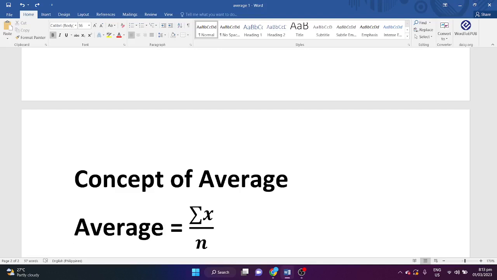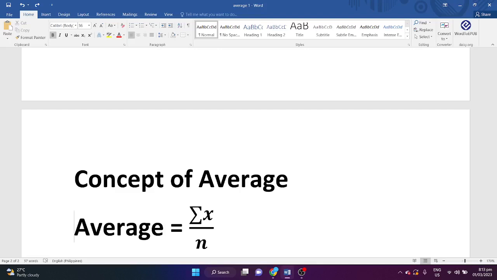Okay, so given the problem that we have, we can actually fill in some pieces of information in our formula. We know that there are 7 numbers, so we can replace n by 7.